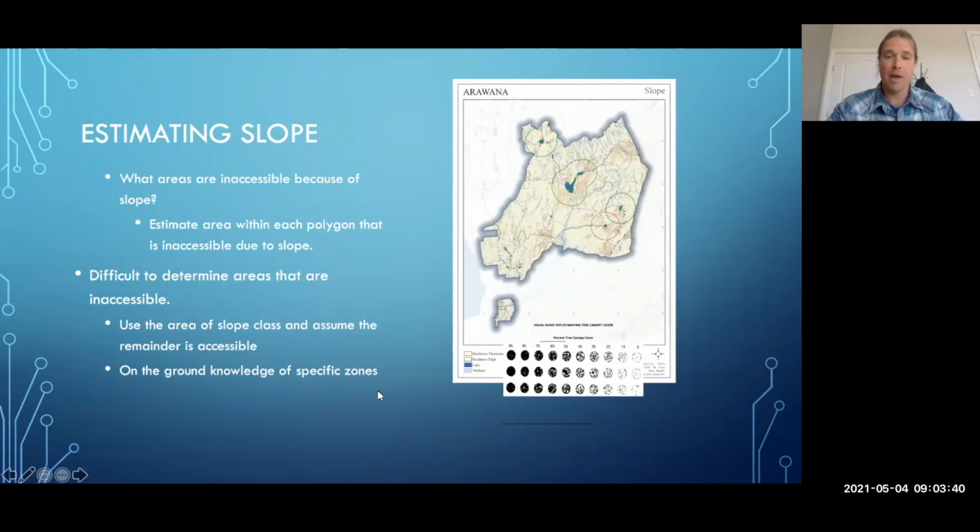It may require a bit of on the ground knowledge when dealing with the slope, and also the type of livestock that are being used. Some animals are more willing to travel on slopes than others.